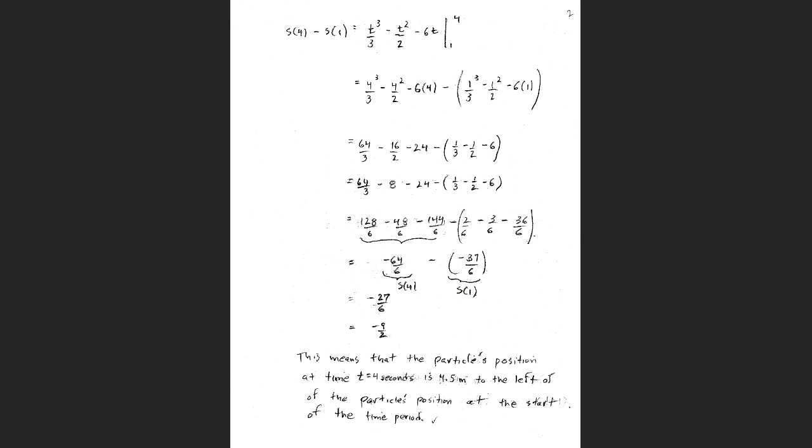So the displacement, S(4) minus S(1), then, the antiderivative of the velocity would be t cubed over 3 minus t squared over 2 minus 6t. And we're evaluating it at 4 and 1. There were no integral properties to use, so that's just a matter of computation.